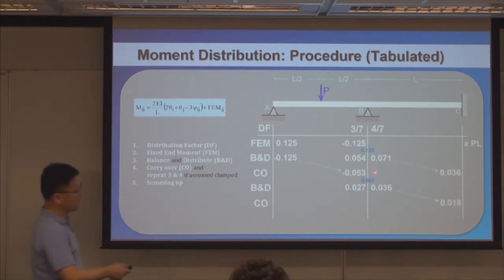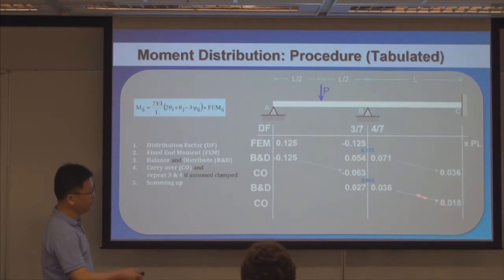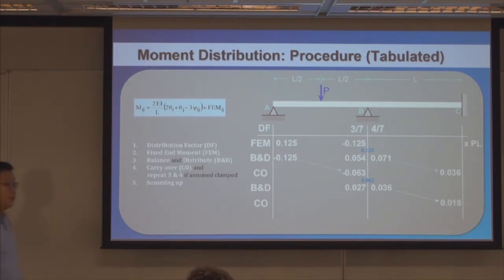Then I further carry over 1/2 to the other side, and it seems that I have not involved any further assumed clamped boundary condition anymore. So the calculations can be stopped. I don't see any balancing moment I need to distribute. So then stop.